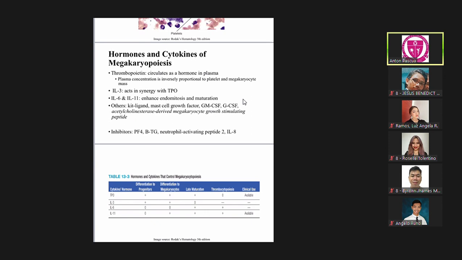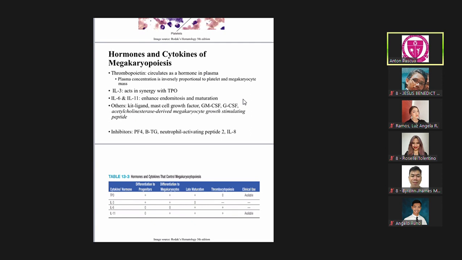Kung ano yung kailangan natin, that is what you need to produce. Okay? So, in essence, I need to produce cells. I need my platelets, I need my red cells, I need my white cells. That's why we have stimulants, right? For example, siguro si thrombopoietin natin, right?